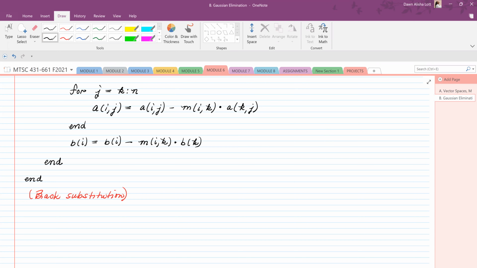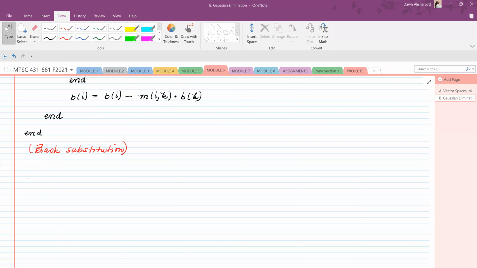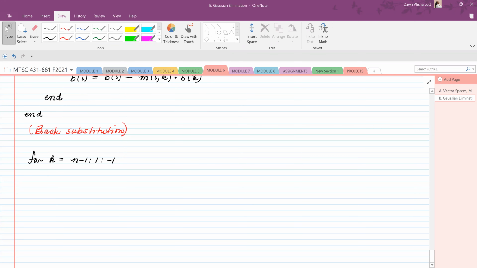Okay, and so then we would do for k equal to n minus 1 to 1. And I don't know if you know, you do it backwards, so that tells it to do it backwards. So then xk is equal to b at k.